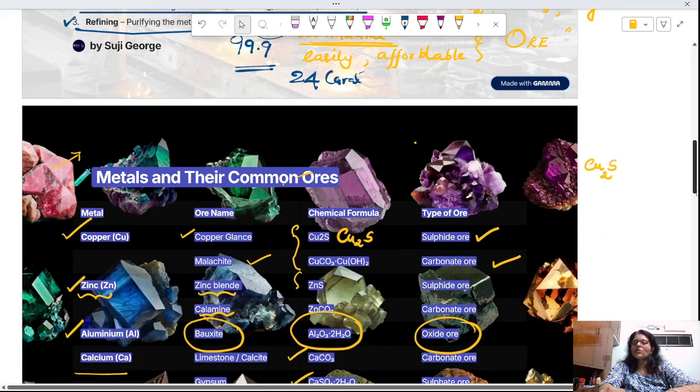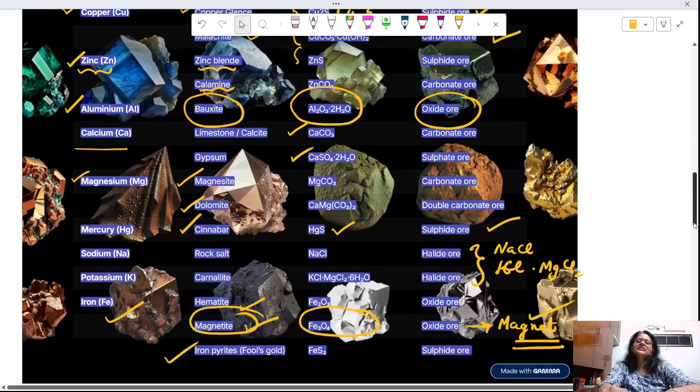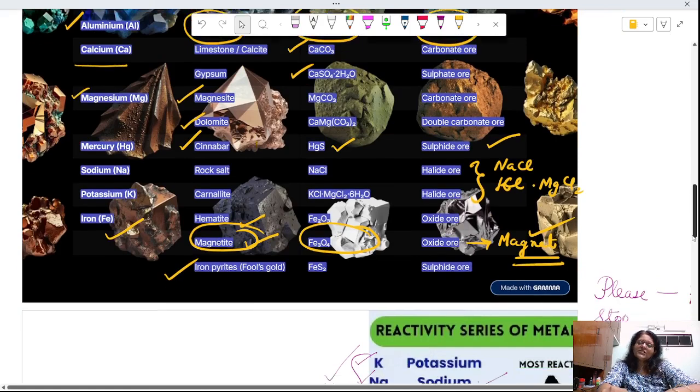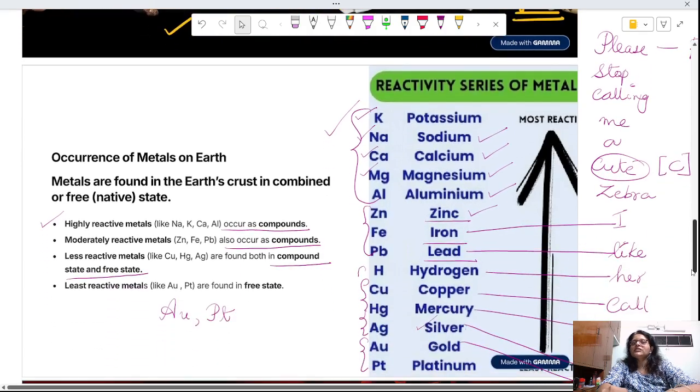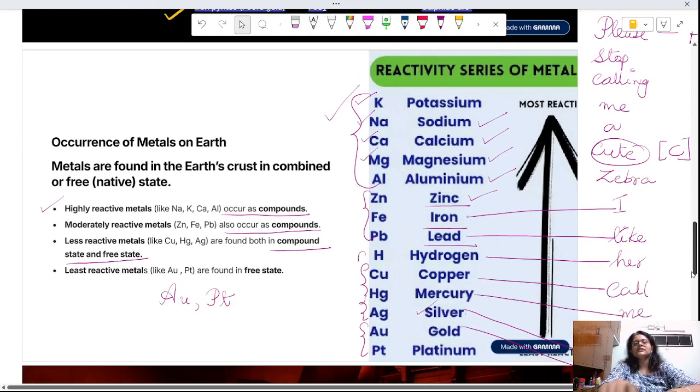Common ores are given here, and all the extraction depends upon the reactivity of the metal. Metals of high reactivity will undergo electrolysis in an electrolytic cell. Metals belonging to the moderate reactivity series will undergo calcination, roasting, and further reduction.